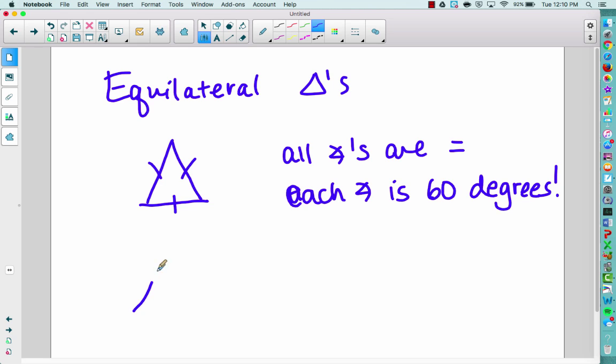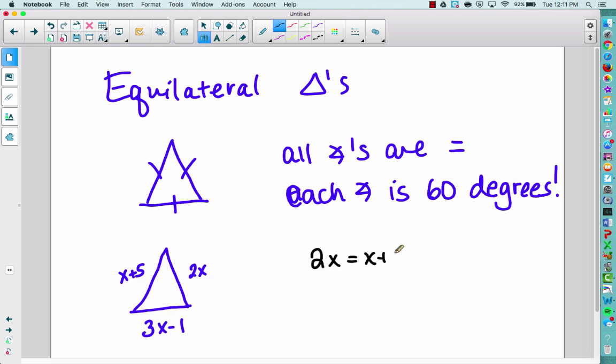So I give you an equilateral triangle, and I tell you that this side is x plus 5, this is 2x, and this is, I don't know, 3x. And I say 3x minus 1. I say find x. Well, you don't have to use all of the information. You could do 2x equals x plus 5, subtract x, and then I know x equals 5, okay?